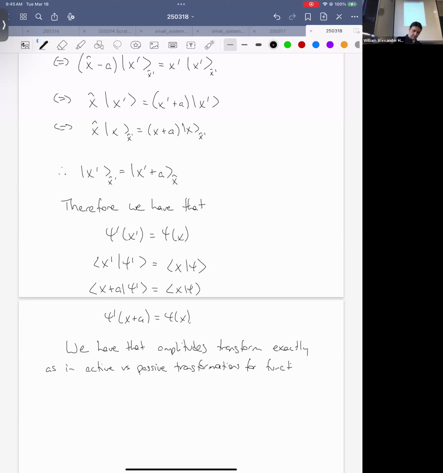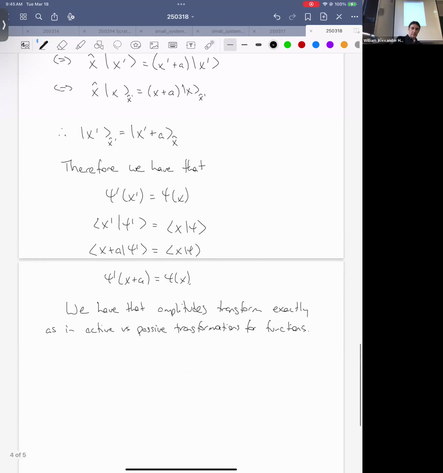Or functions. And we can equivalently, also usefully, consider expectation values in active or passive transformations.